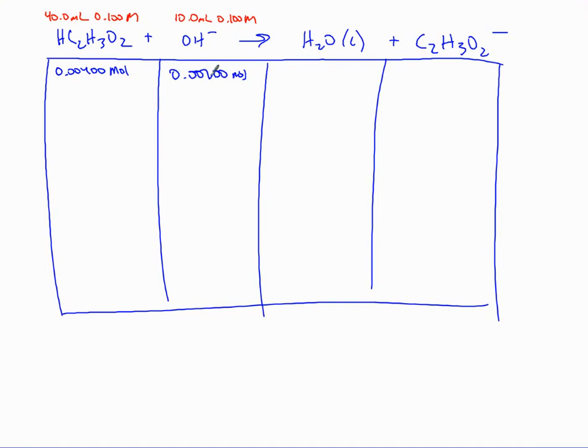Here's what you can do. If you look at this, this is 4 times 10 to the minus third, and this is 1 times 10 to the minus third. And if you understand that everything in this table is times 10 to the minus third, so here, here, here, and here, you can make this a little bit easier on yourself and call it this.